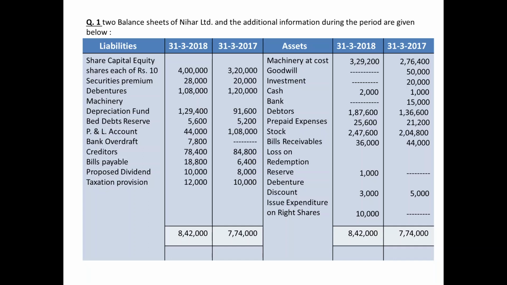So you have to be careful at the time of all the calculations, especially the preparation of the necessary ledger accounts, to report the opening as well as the closing balances of the concerned ledger accounts. You have to be very careful about this reverse sequence of the columns.